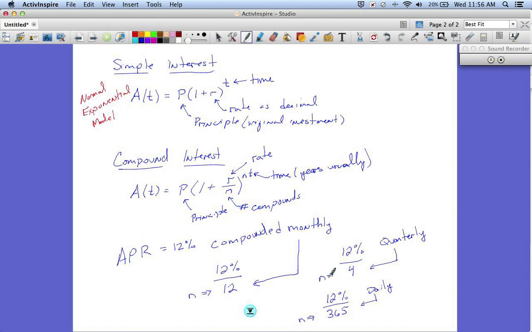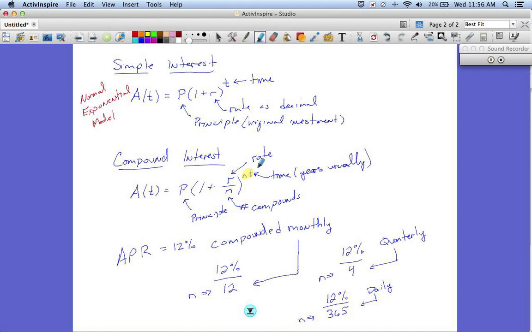N equals 4. And if you think about it, it's kind of intuitive that if you're getting interest every month, through the course of a year, you're going to be calculating interest 12 times in a year. So if we look at our equation up here, if you're getting interest 12 times per year, that's why it's NT. In 2 years, you're going to do it 12 times 2.